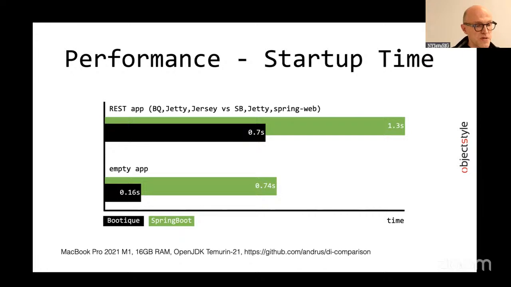In an empty app, it's going to be like 1. And the same thing stands true for the REST app. The proportion may be a little different, but the delta is still there. So much faster startup times if you don't need to do all the extra job and guess what the user was trying to say with their code.